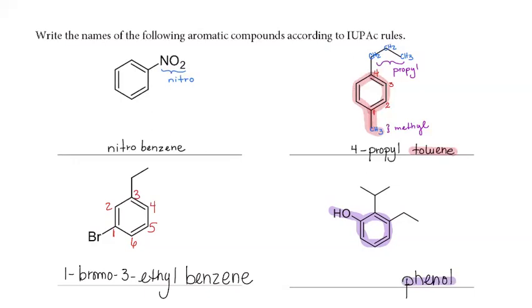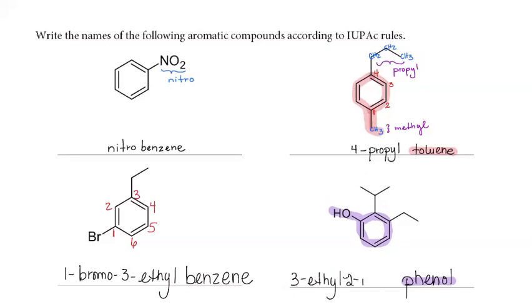What is the location and name for the substituents? Let's put them in order. Let's put them in the chat. What's the one that comes first? Great. Thank you for that answer. 3-ethyl.